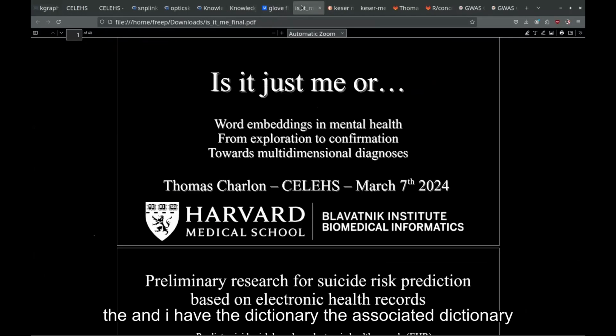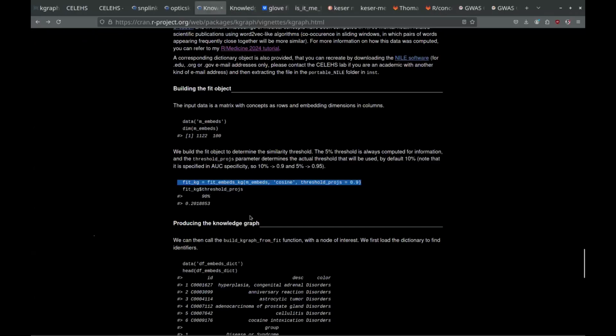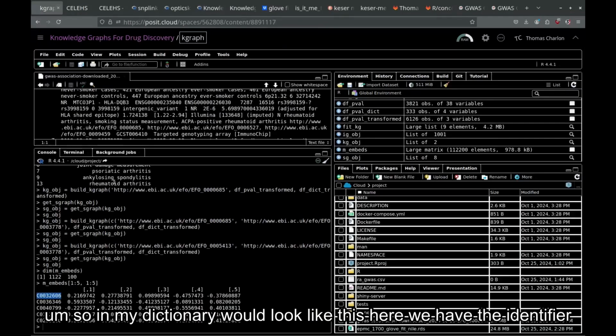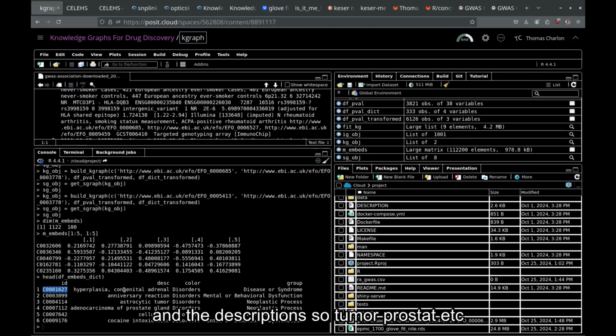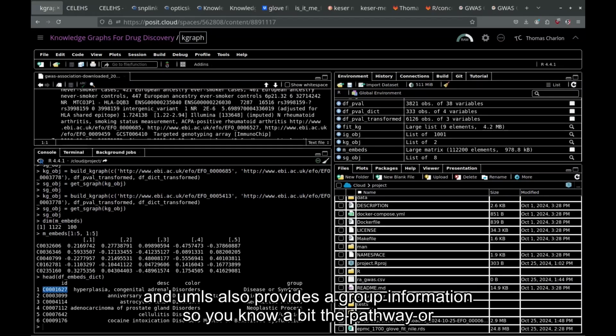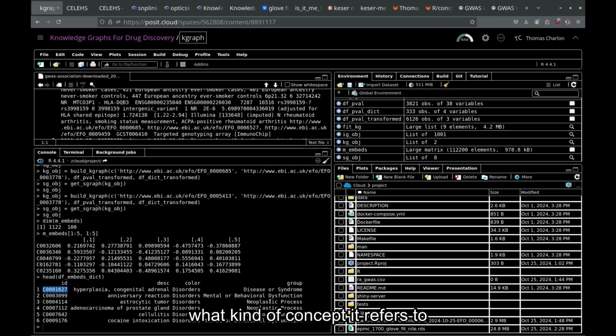And I have the associated dictionary. So in my dictionary, it would look like this. Here we have the identifier and the descriptions, so tumor, prostate, etc. UMLS also provides group information, so you know a bit the pathway or what kind of concept it refers to.